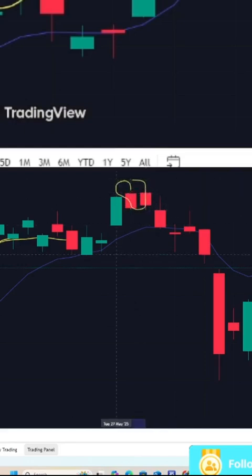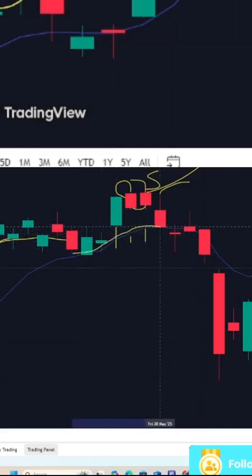Some people will sell back there, and some people will wait because the moving average is still under the candle. Some people will take profit there, because as soon as they see this red candle, they get out. But at the same time, some of them will stay in the trade.